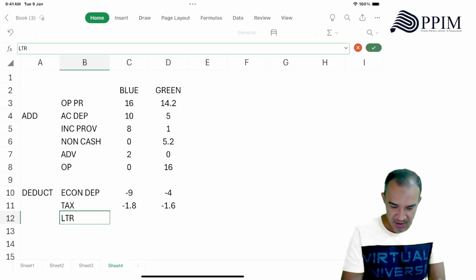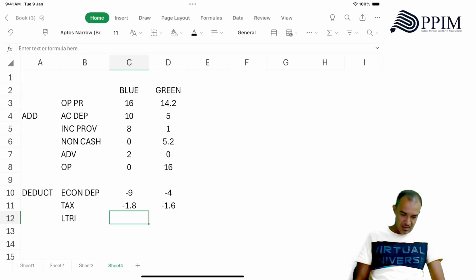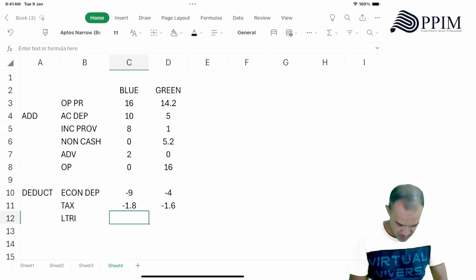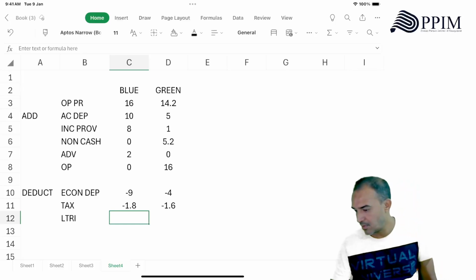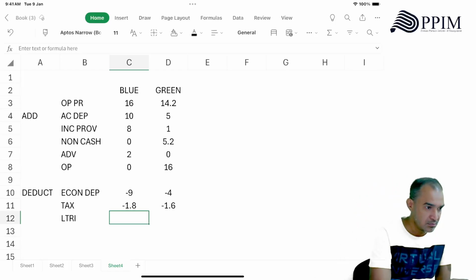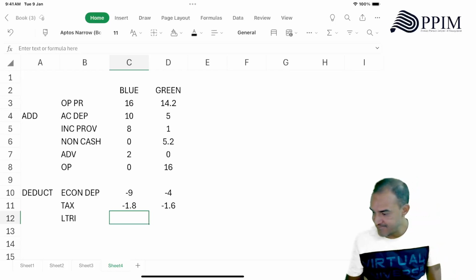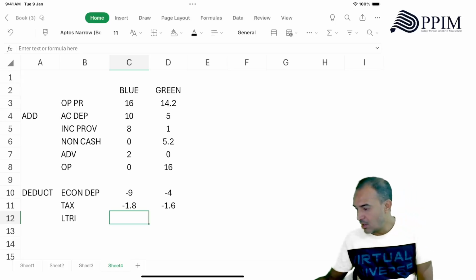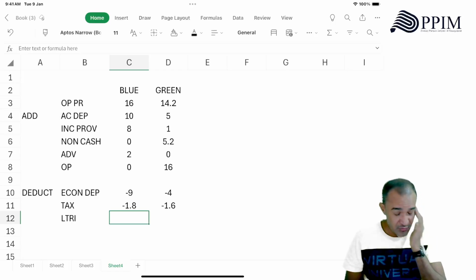Then we also need to bring in LTRI, plus tax relief on interest. So interest is 5, tax is 25%, so 1/4.